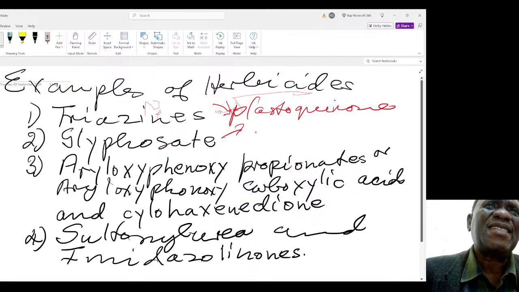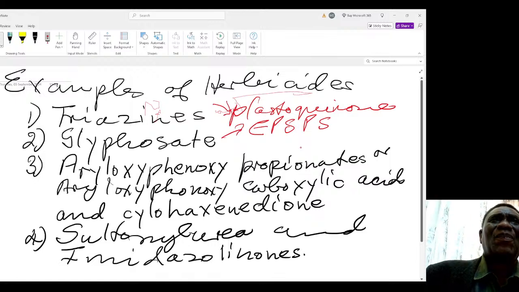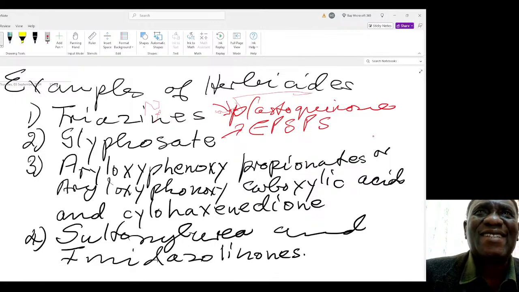For glyphosate, there is what is called EPSPS site.